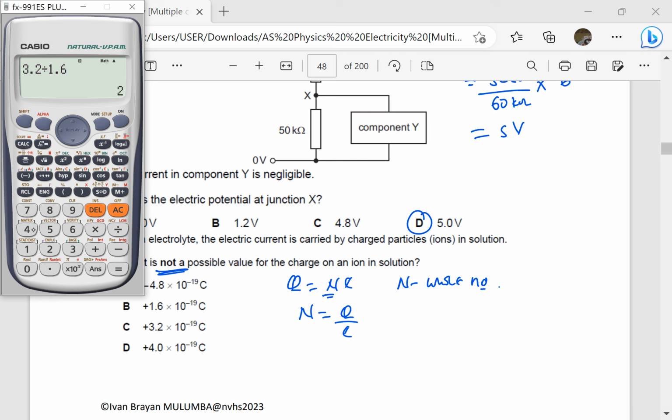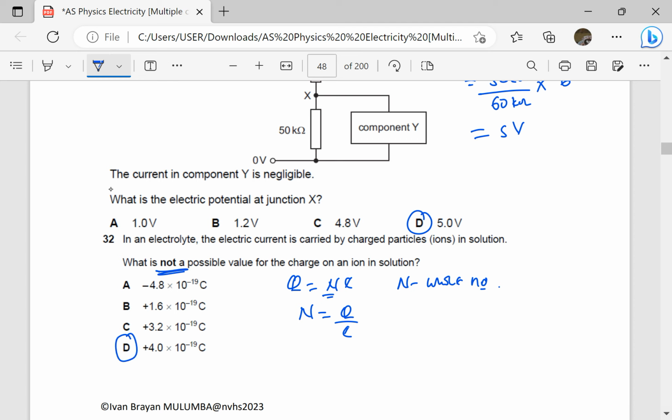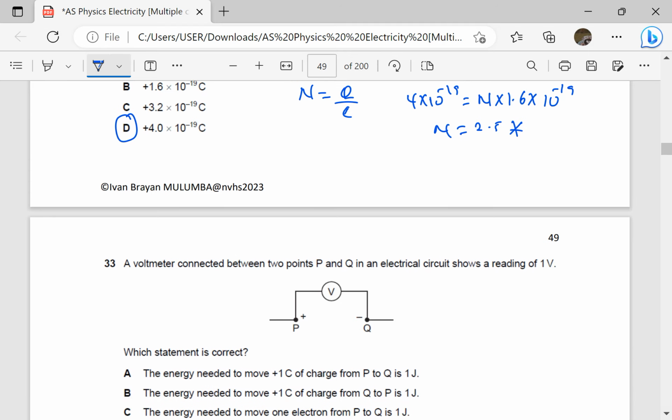The fourth one, 4 divided by 1.6. That is not a whole number, so this one is not possible because charge must be a whole number times 1.6 times 10 power negative 19. In other words, when I get 4 times 10 power negative 19 equals n times 1.6 times 10 power negative 19, n is 2.5, which is not a whole number, so that is not possible. Charge is quantized.